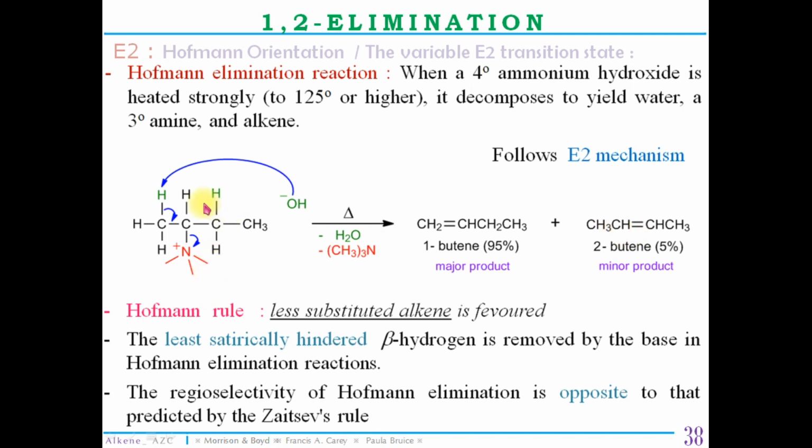But in Hofmann rule, hydrogen is abstracted from the carbon where hydrogens are least hindered. Therefore, here the base is abstracting hydrogen from this terminal carbon.